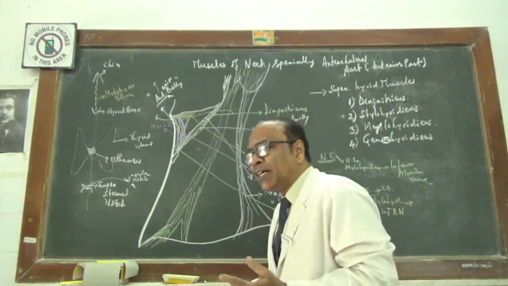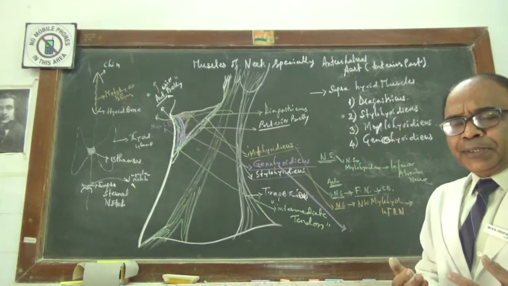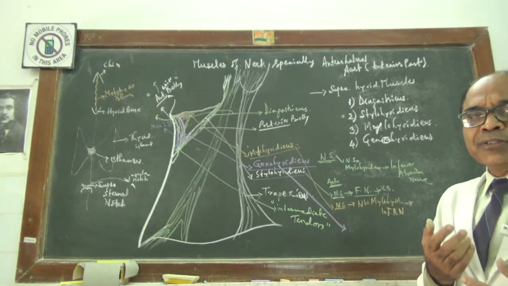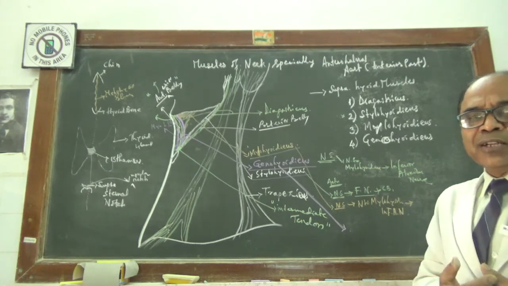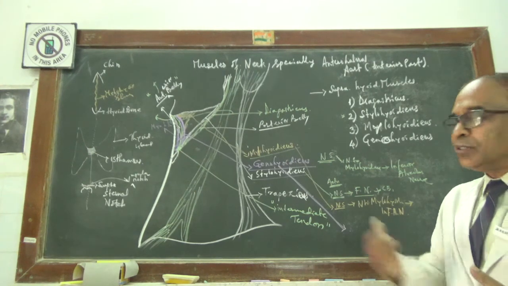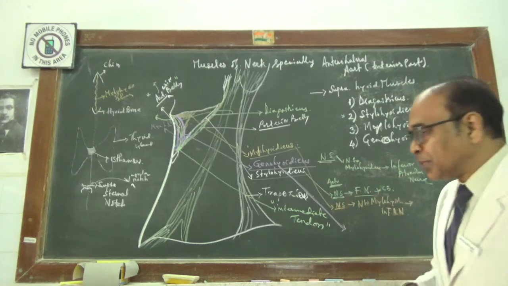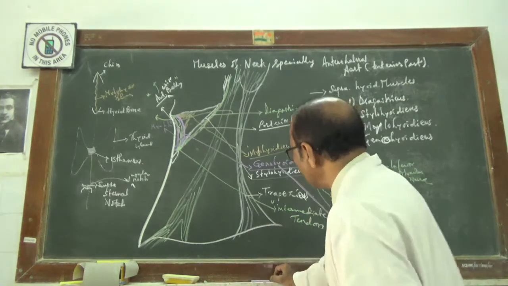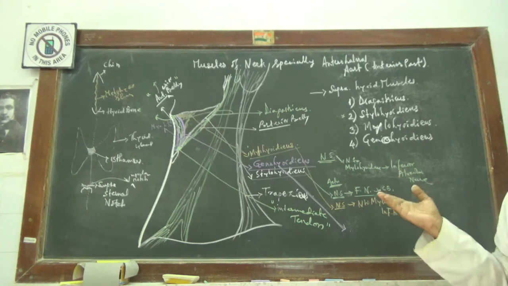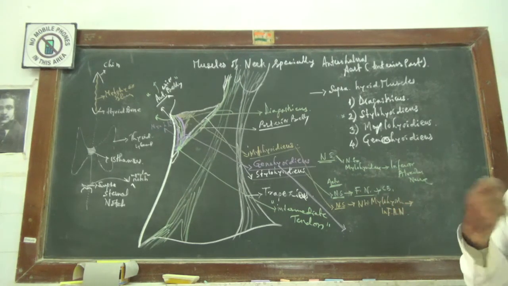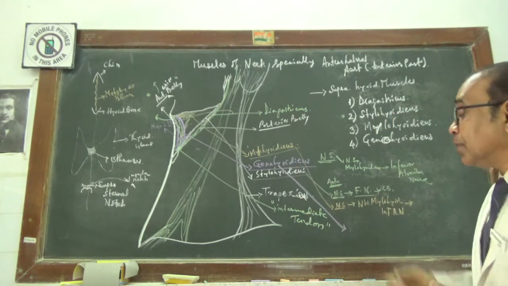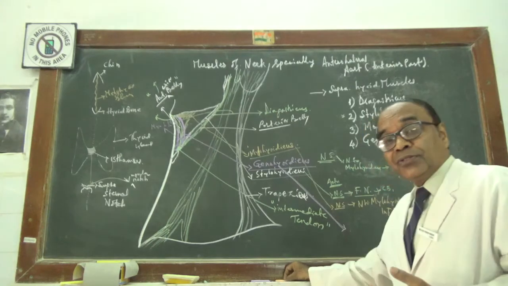Now this geniohyoideus depresses the mandible as well as protrudes or protracts the mandible forward. So that will be elevation and depression. The geniohyoideus can also retract the mandible back.